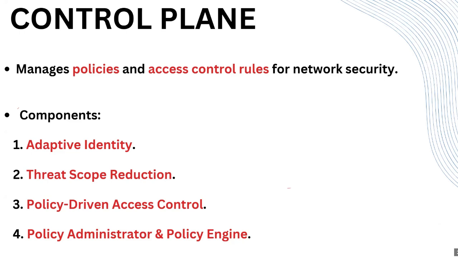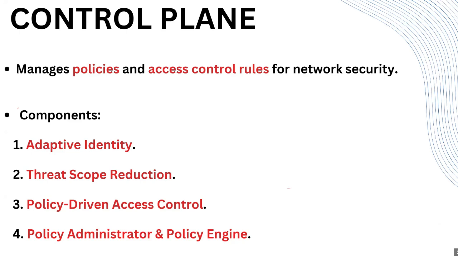So actually, what we do in the control plane is that we manage policies and access control rules, right? So in the control plane, this is where all of the policies are configured, right? Who is allowed access, from where he is allowed access, at what time of the day he is allowed to access, what resources, right?